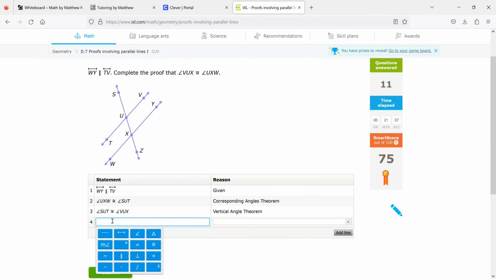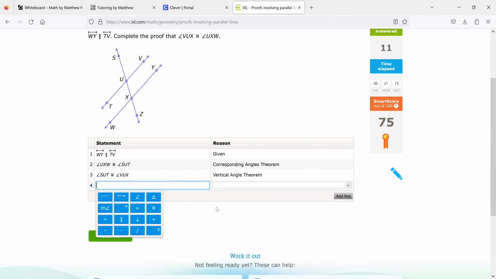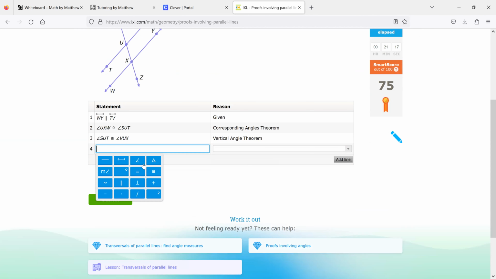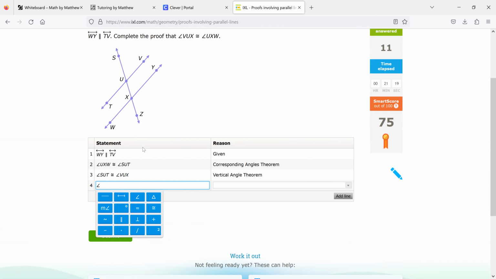This looks like the one we were just doing. I mean, this looks exactly the same as the one we were just doing where it marked us wrong. I should have looked at that more carefully, but it's VUX congruent to angle UXW.